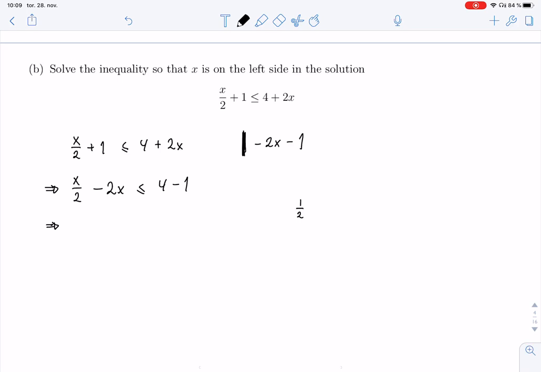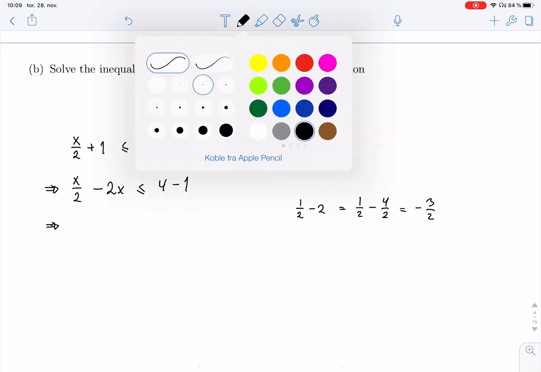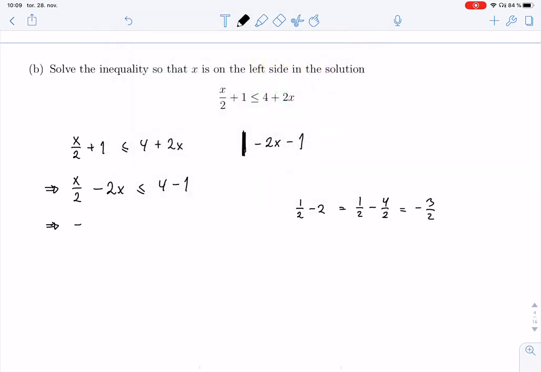So we have a half minus 2, which is a half minus 4 divided by 2, which will be minus 3 over 2. Just to make sure. But you could also simply write that like this. Okay, so now we have something with x less than or equal to a number.